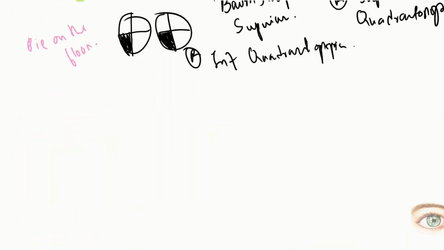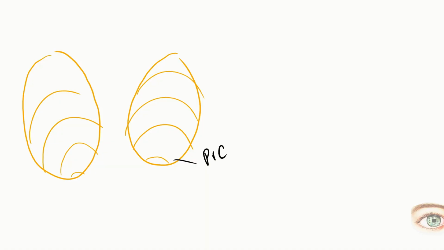Now, let's just make it even more enhanced. So this area over right here is the primary visual cortex, right? Brodmann's area 17.